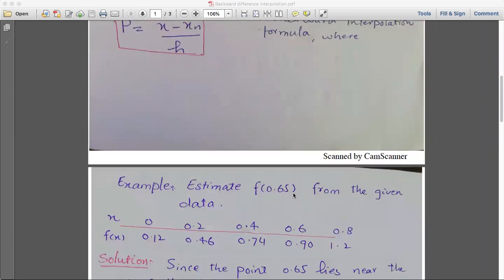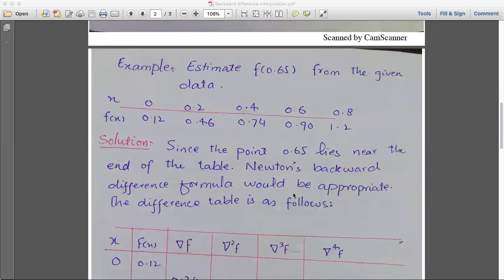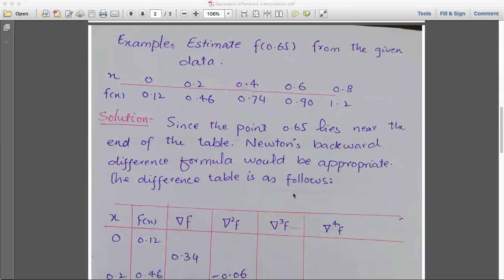Now next we will solve some questions by using this Newton's backward interpolation formula. The question is, as you can see on your screen, estimate the function's value at x is equal to 0.65 from the given data.